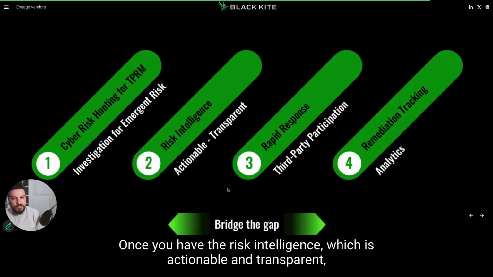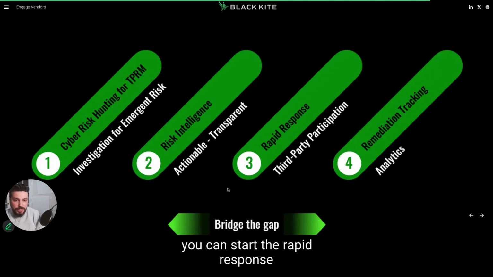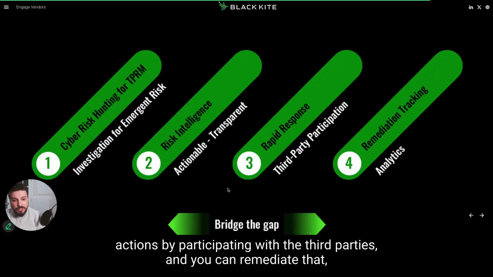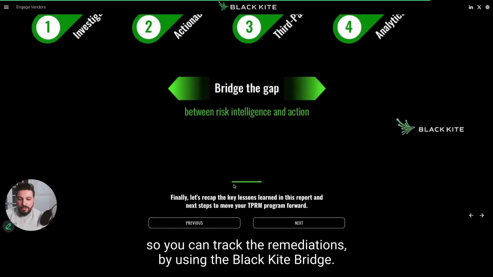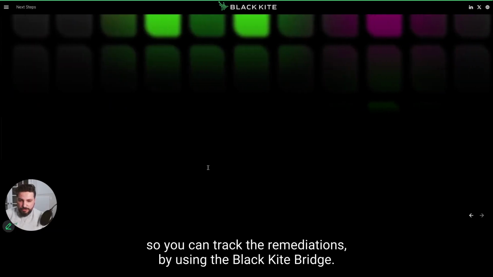Once you have the risk intelligence, which is actionable and transparent, you can start rapid response actions by participating with the third parties, and you can track the remediations by using the Black Kite Bridge.